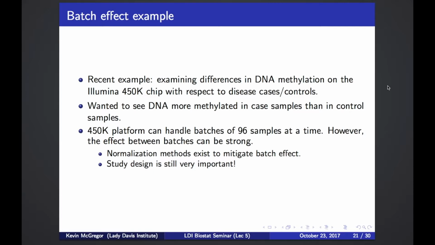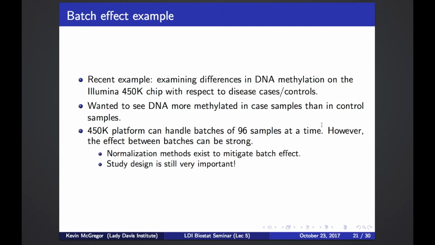We're looking at levels of DNA methylation at various loci throughout the genome with respect to disease cases and controls. It's a very specific disease, but I can't say exactly what it is. Just imagine we have two different groups, and we're comparing average methylation over the entire genome in the case group and in the control group.